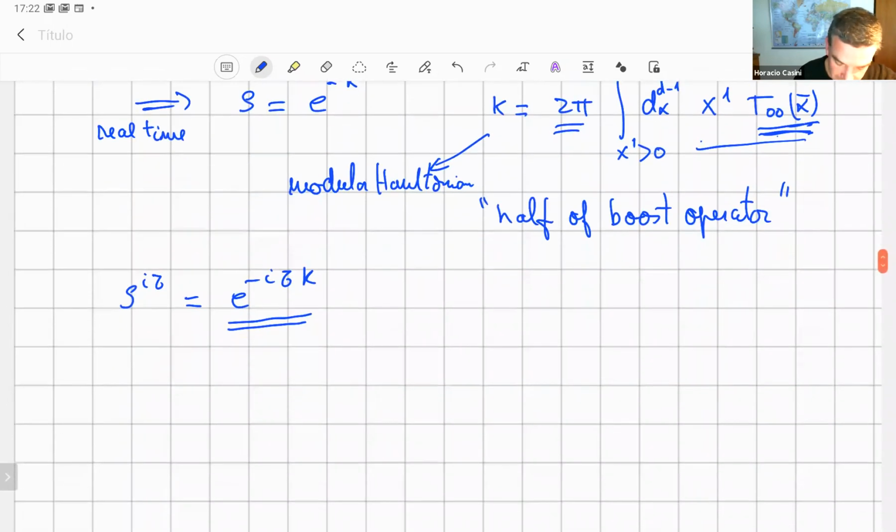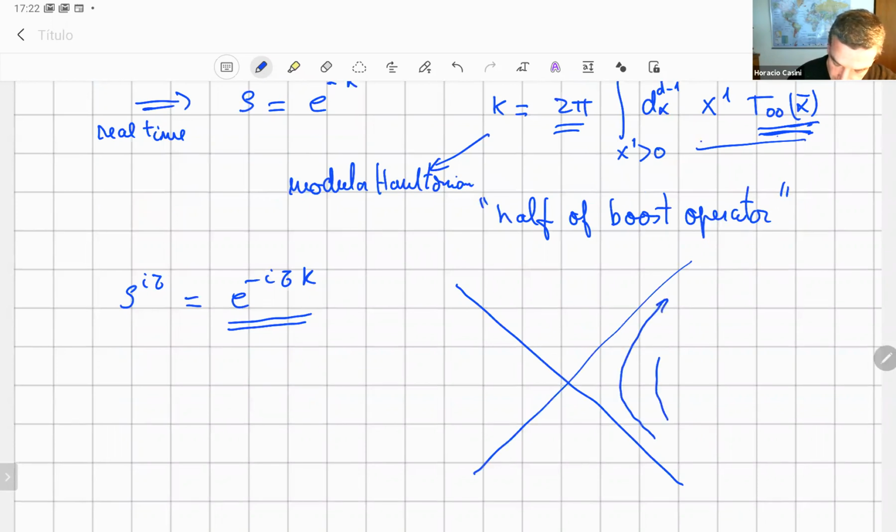So the modular flow acts locally on operators if you have the Minkowski space. These are the boost orbits. So the modular flow moves operators along the boost orbits.